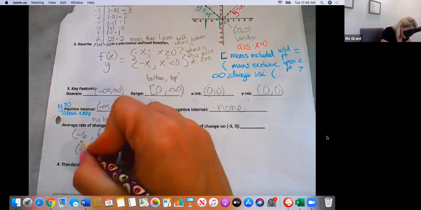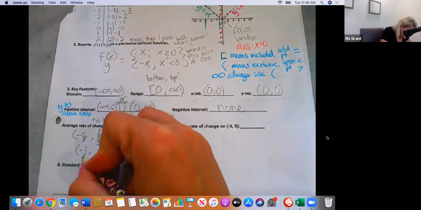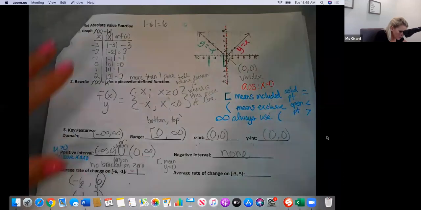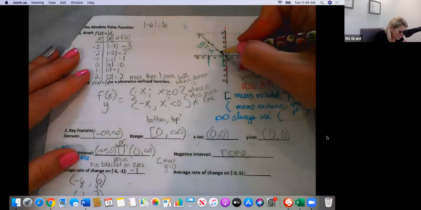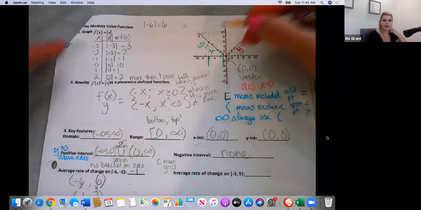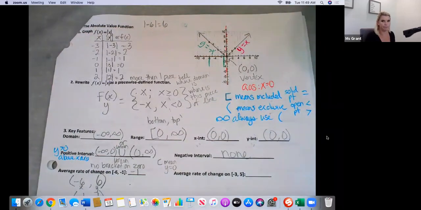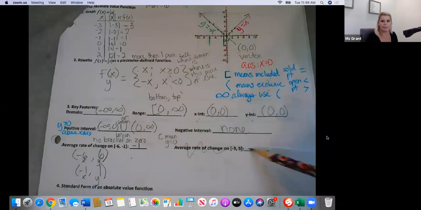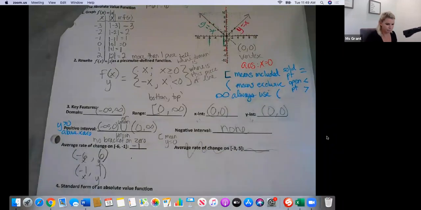Remember X, Y, X, Y. But again, you should just rise and run. Because look, rise 1, left 1, up 1, left 1, up 1, left 1. There's how you get -1. I'm not going to do this next one just for time purposes. So that's graphing an absolute value.